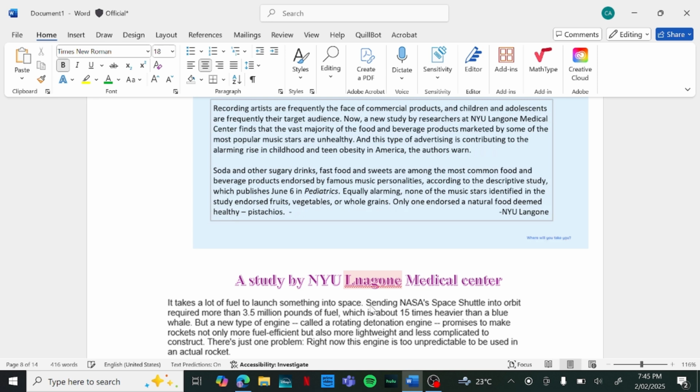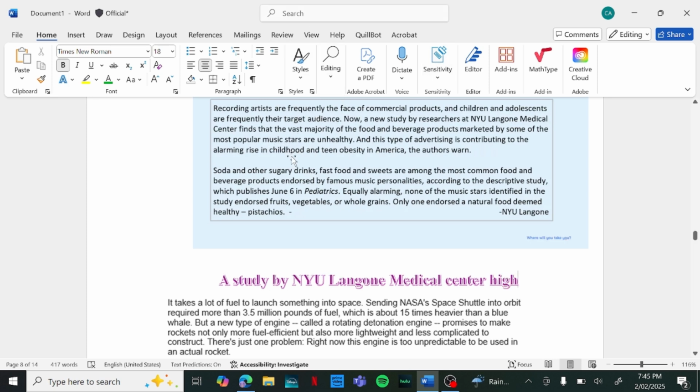A study by NYU Langone Medical Center. We've started our sentence, right? So I would go for highlights because it's highlighting that this is leading to obesity in children. Highlights. Don't forget that the first word should be in caps, right?